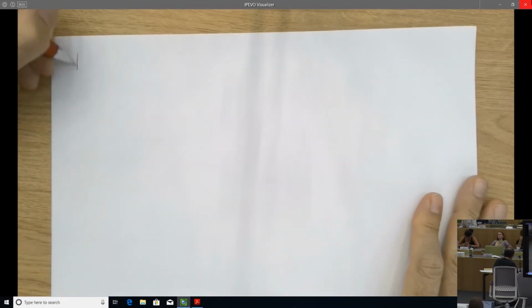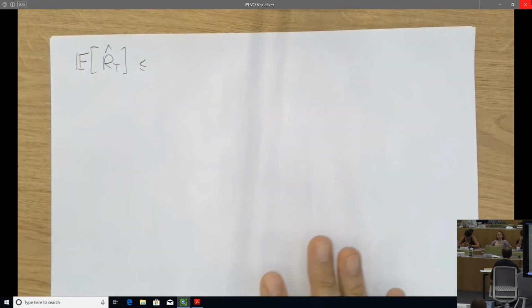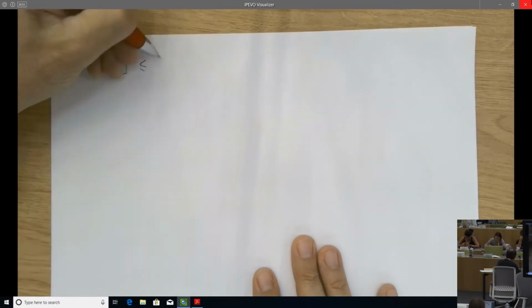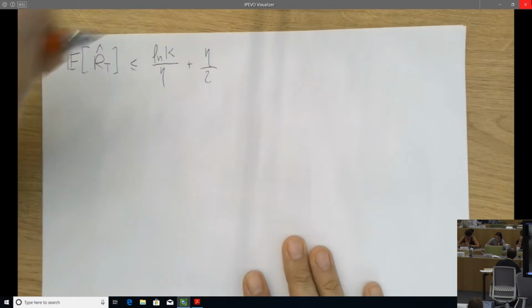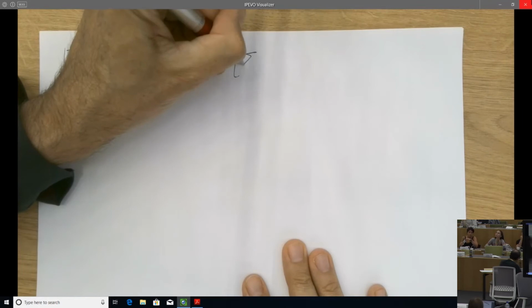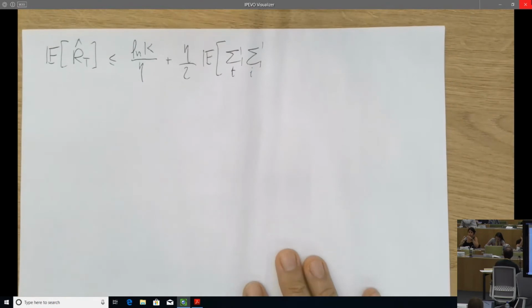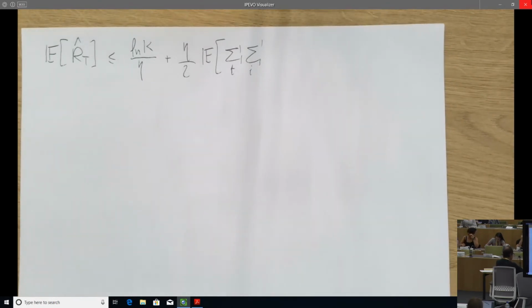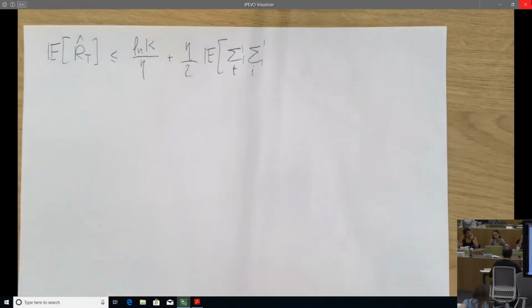And so now I just redo the computation I did before for the expected regret. Everything is as before, I'm just not redoing the definitions, and I have the same phenomenon as before. So I go directly to the juice of the problem. I have the sum over T, sum over I, and then I have my second order estimates, and I replace them with the upper bound I just computed.